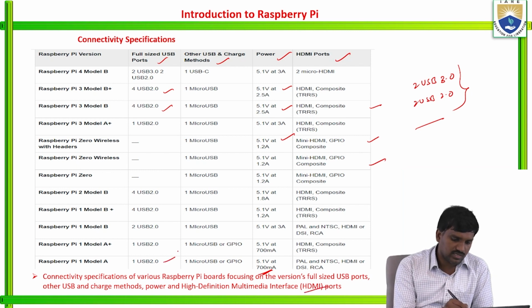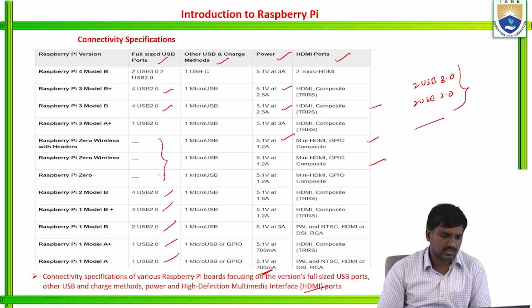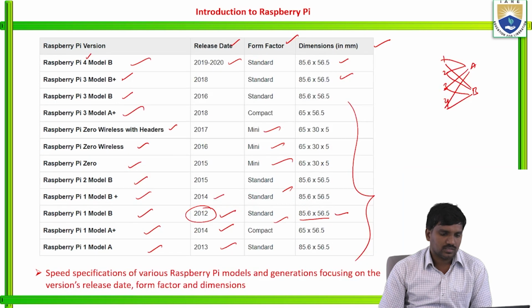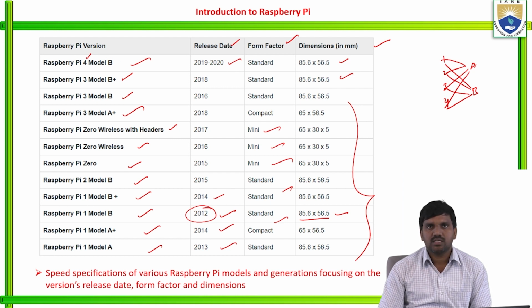So these are some different full-sized USB ports. In terms of USB, one micro USB, two micro USB, general input, general ports, input, output, like that we have to study. So these are for the different versions: A, B, B plus, A plus, zero wireless with headers, zero wireless, zero.